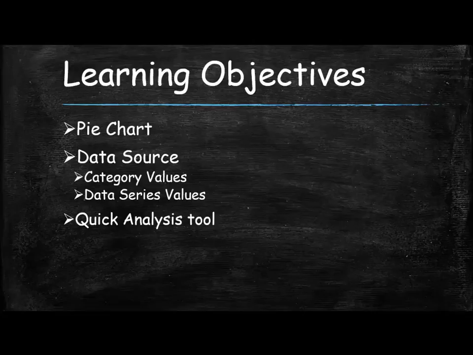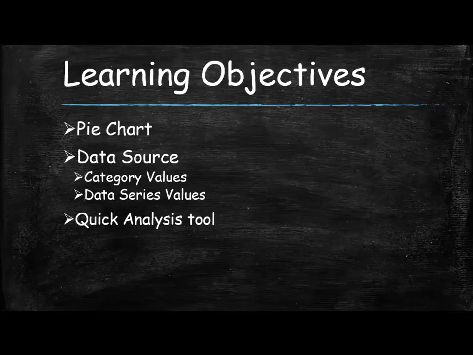And then we learned that there's the data series values. These are the hard numbers that we use to create how big that piece of pie is compared to another piece of pie, or how big this column is going to be compared to that column over there. We know that in a pie chart you're only going to have one set of data series values, but later on when we have column charts you might have 6, 7, or 8 different columns, which would mean you'd have 6 or 7 or 8 different data series values.